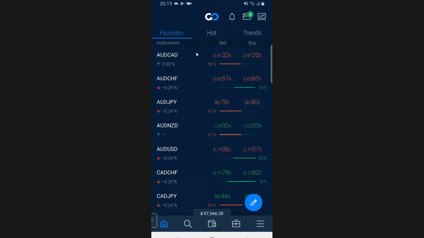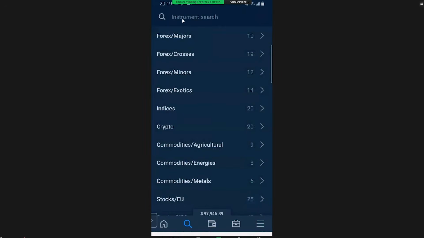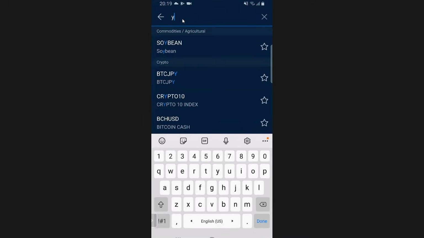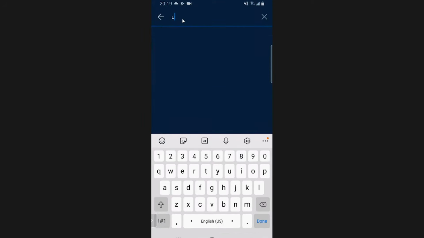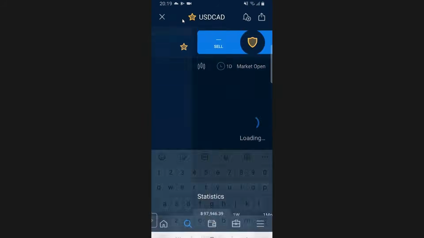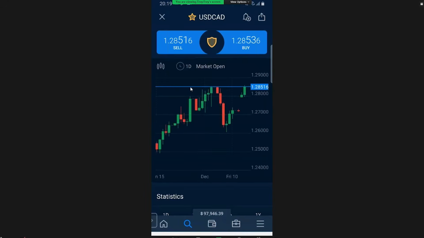So 128.55 and 128.80 are where the signal suggests taking profit potentially. If I go to the USD Canadian live chart again, 128.55 was the suggestion for the first take profit, and we're at 128.51. So we see how accurate that was, that the signal said it likely could reach 128.55.